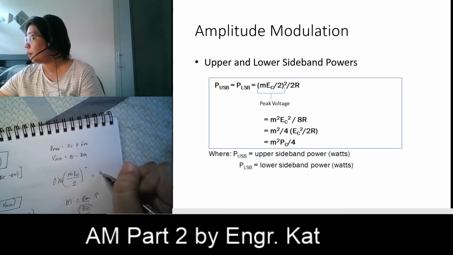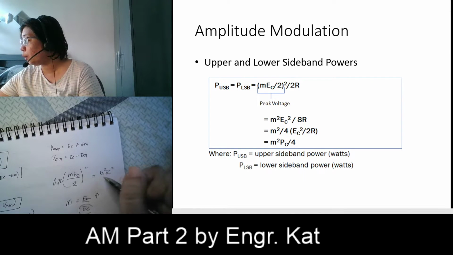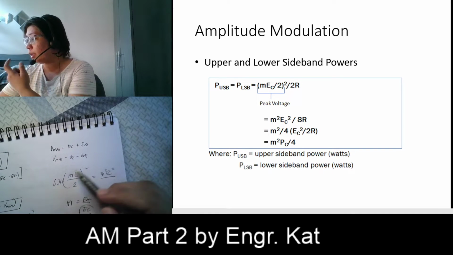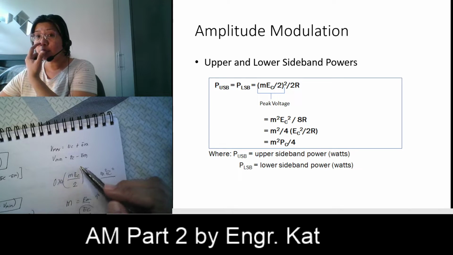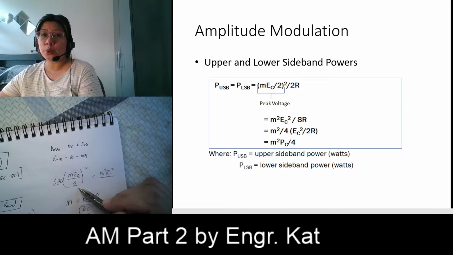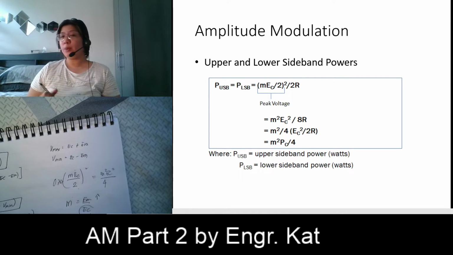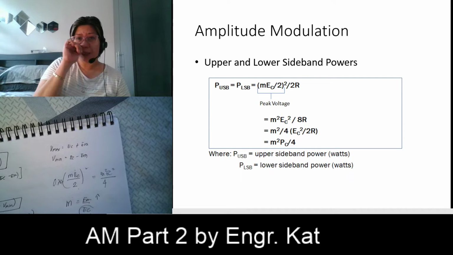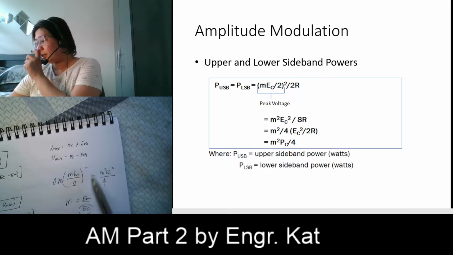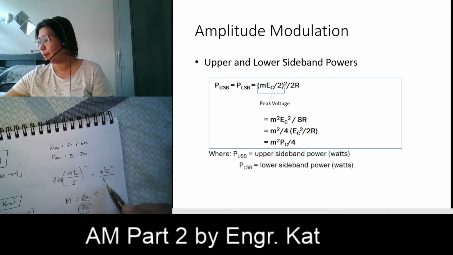So you have your m squared, you have your Ec squared, divided by 2, this is 2, then you have here another 2, so that will give you 4. And this 2 here will be squared, that's why it became 8.